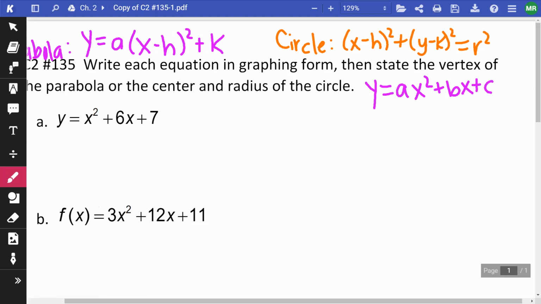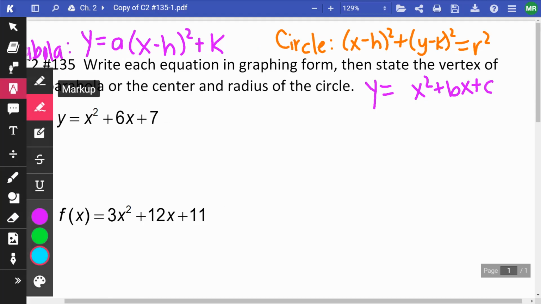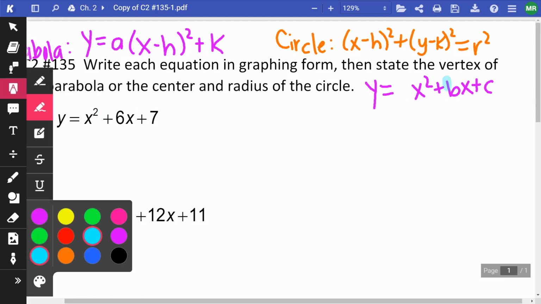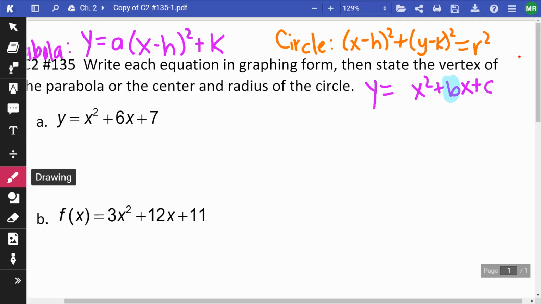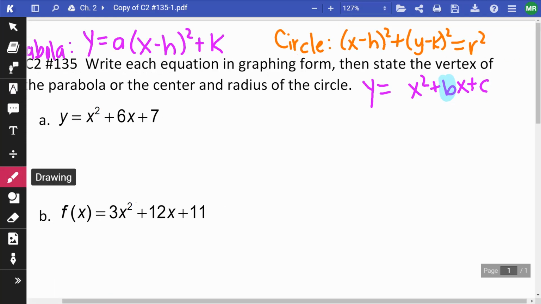And actually, I'm going to get rid of the a. Let's look at it this way: x squared plus bx plus c. In order to figure out how to complete the square, you want to look at the b. The b is the coefficient in front of your x. And what you're going to do is take half of your b, and then square it. And that's what's going to make it a complete square.